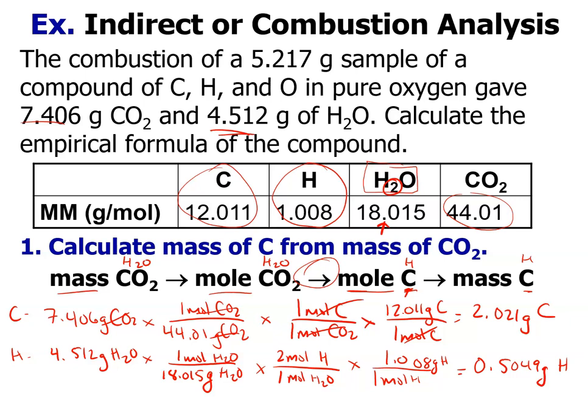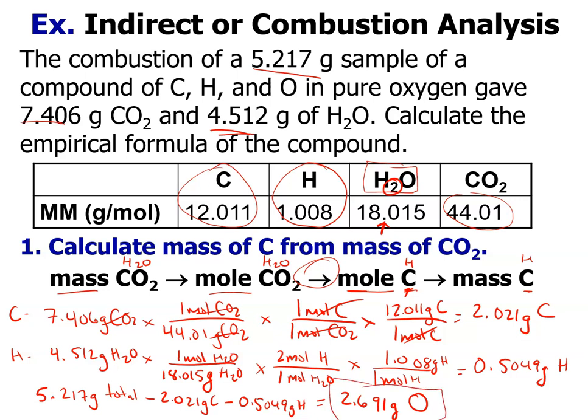Adding these together, I'll get about 2.5. But we know the total is 5.217 grams total. If I subtract the 2.021 grams of carbon and the 0.5049 grams of hydrogen, I will get 2.691 grams of oxygen.